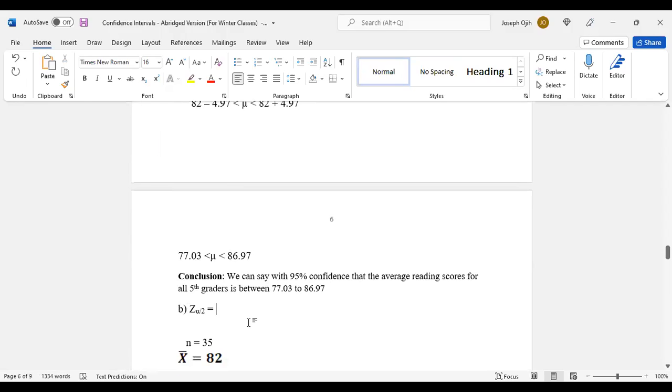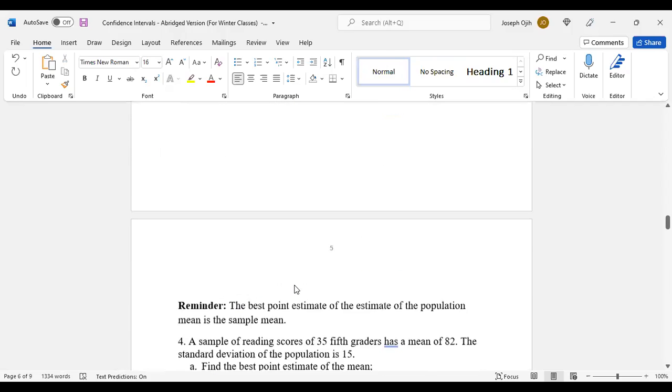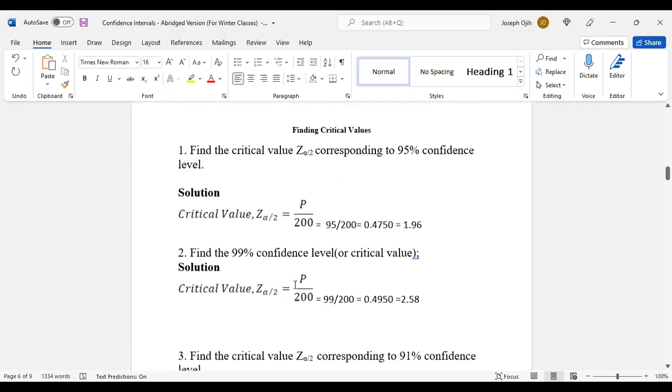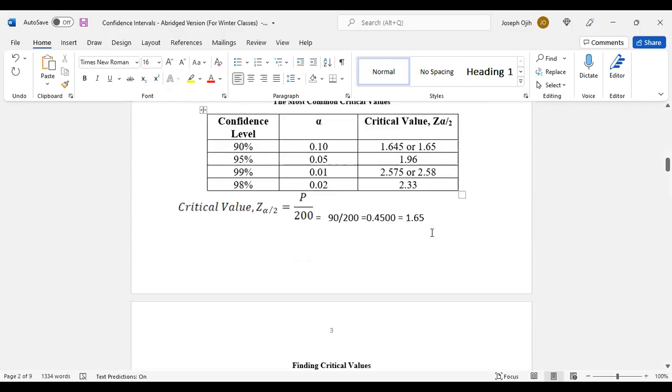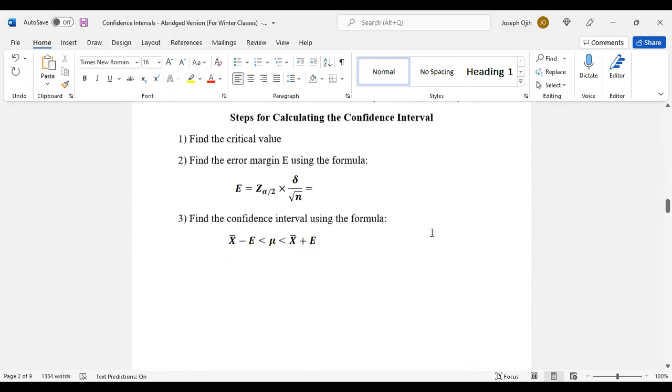For 99%, we did the calculation before. It's right there, and I have it on the chart as well. For 99%, the critical value is 2.58. So we have it here, 2.58.